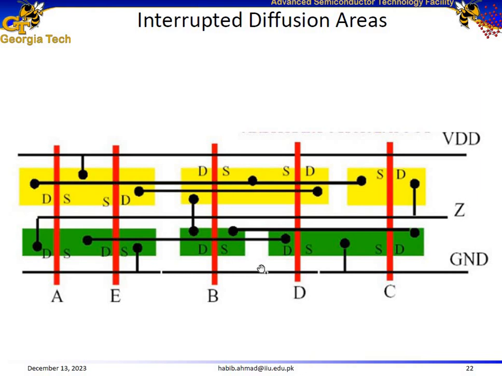It's going to cost us area if we have interruptions in these diffusion strips, and area, as we know, is money in complementary metal oxide semiconductors, in integrated circuits, because we are trying to fit more number of transistors on a single chip in order to improve the functionality of our chips.